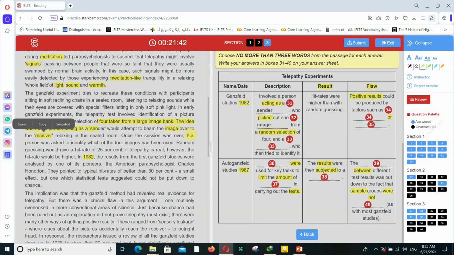Once the session was over, this person was asked to identify which of the four images had been used. Random guessing would give a hit rate of 25%.